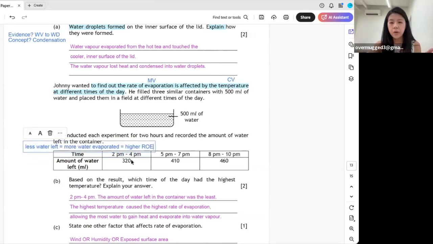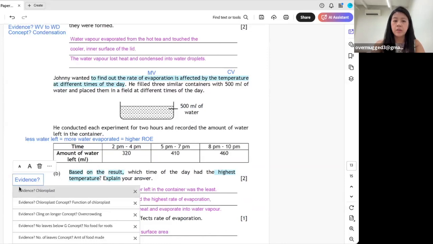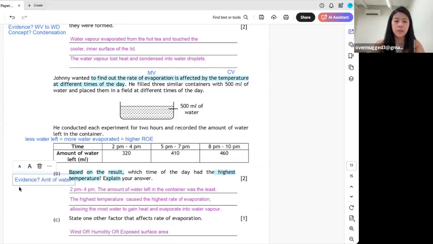From the data here, you can see that the least water left is from 2 to 4 p.m., and the most water left is from 8 p.m. to 10 p.m. So based on the results, which time of the day had the highest temperature? It's 2 to 4 p.m. Again, I will explain here. We'll go back to our evidence, which is the amount of water left.